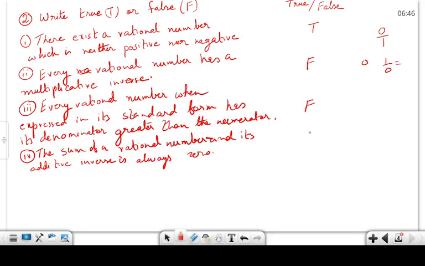It is right, that it is true. Because if we add a rational number and its additive inverse, that is, one rational number is 5 and its additive inverse is minus 5, if you add it, it becomes 0, and that is a correct answer.